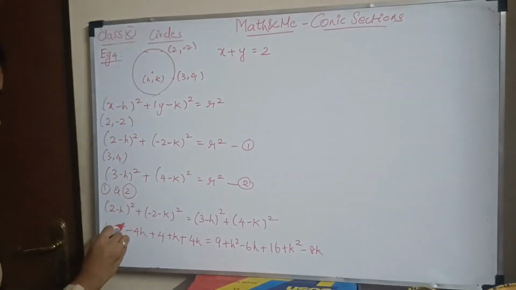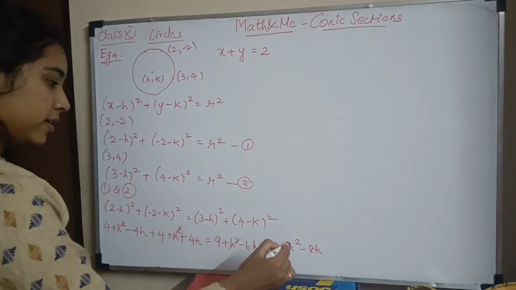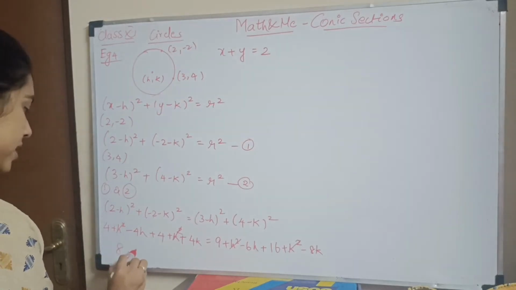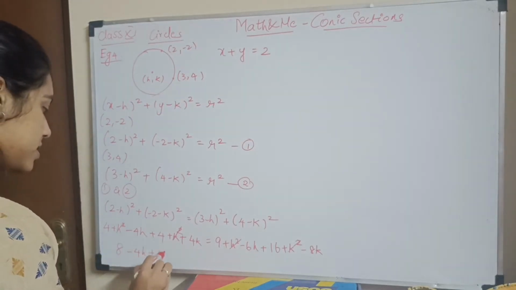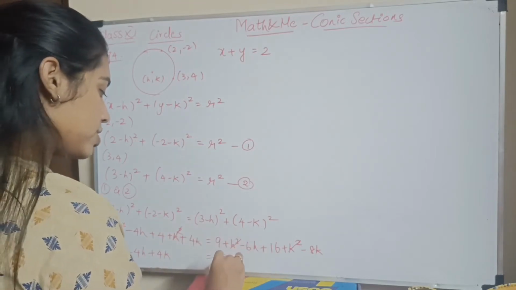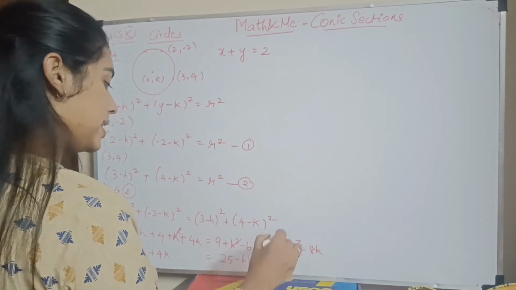So what do I have? h square and h square get cancelled, k square and k square get cancelled. I'm left with 4 plus 4, 8 minus 4h plus 4k equals, what do I have here? 9 plus 16, which is 25 minus 6h minus 8k.